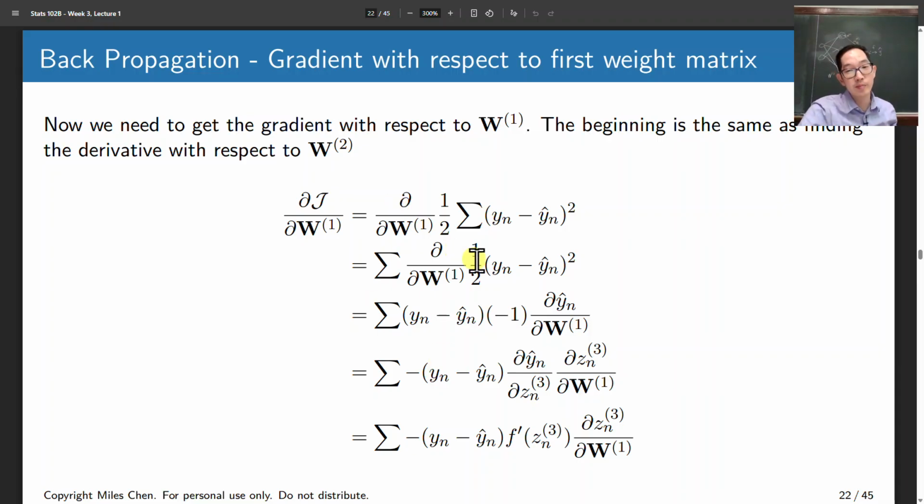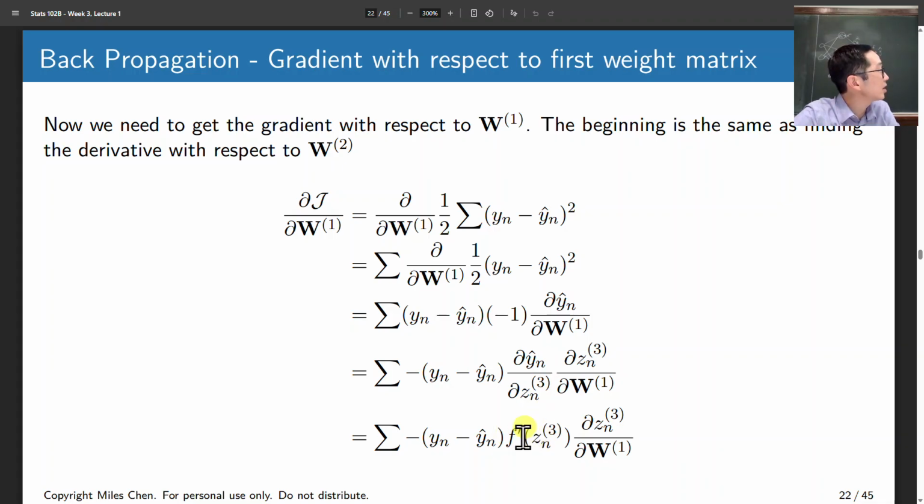So in the beginning, it follows all of the same steps. We want to know how it changes with respect to W1, and really only y hat changes when you make changes to W1. So we'll say, how does y hat change with respect to Z?